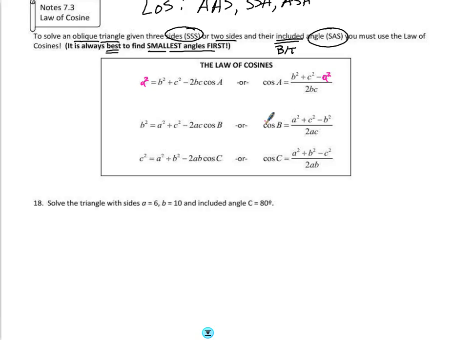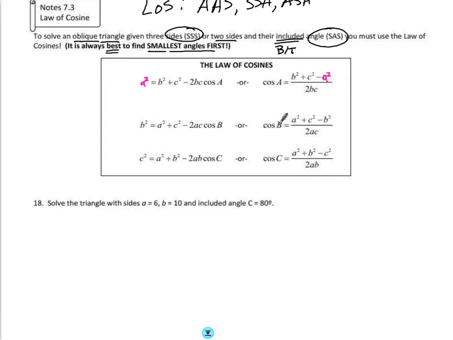Or if I'm solving for a squared, I multiply by 2bc, then subtract b squared and c squared, but then I multiply by a negative, and it flips all the signs. So for the most part, if you can remember one of the two formulas, you can algebraically get back to the other one.